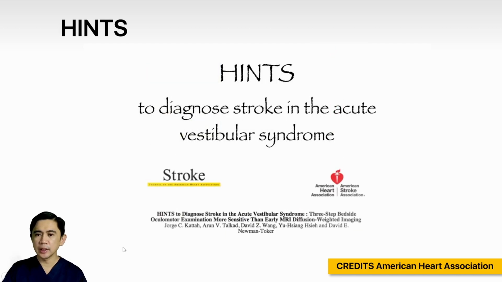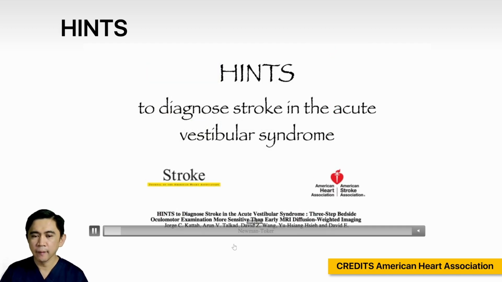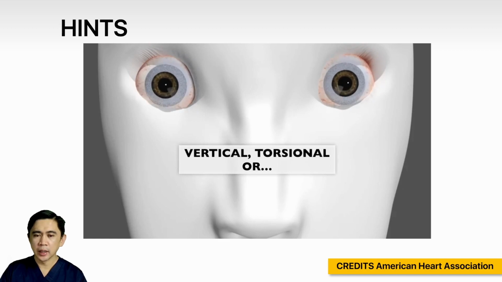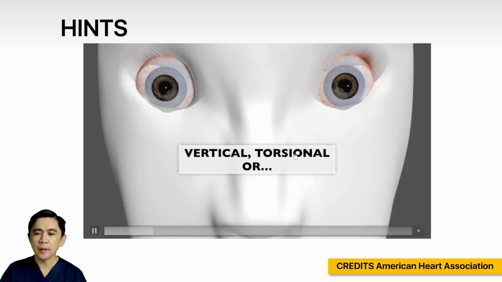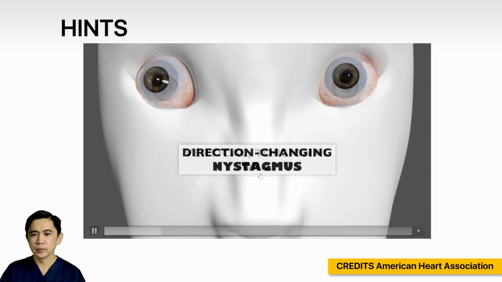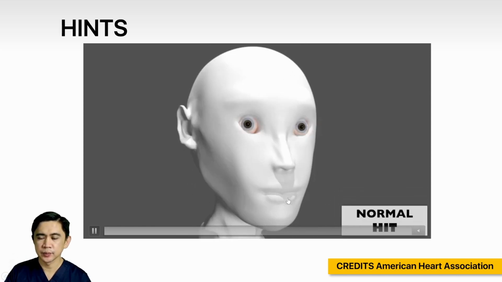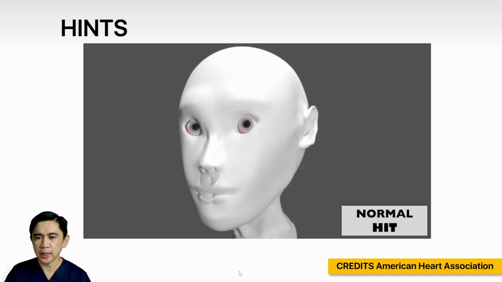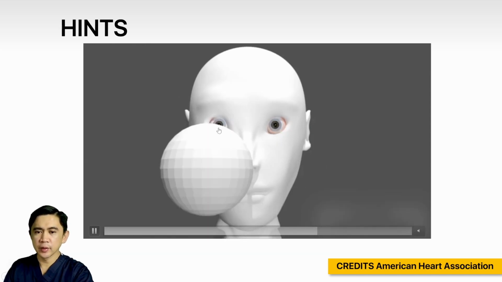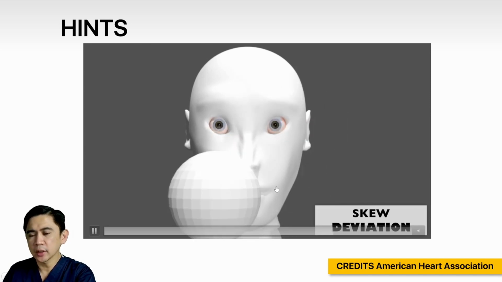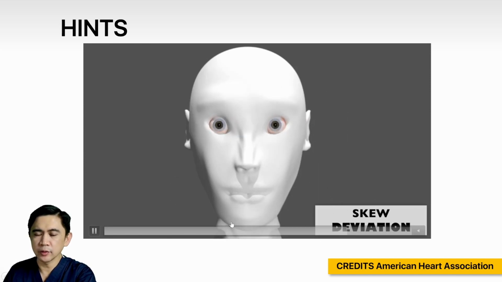So this is actually a video released by the American Heart Association to diagnose stroke in the vestibular syndrome. A nystagmus which is vertical, torsional, or direction changing, a normal head impulse test, and vertical displacement of the eye whenever the other eye is covered means this is a positive skew deviation.